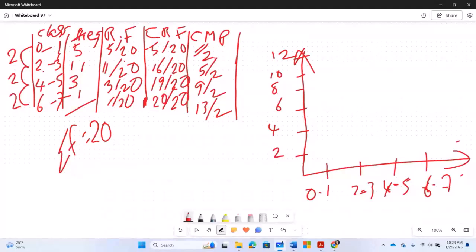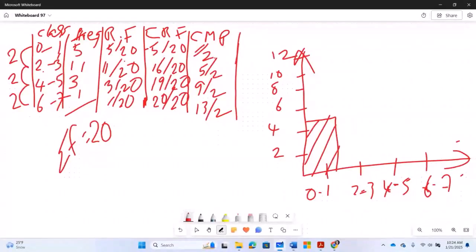Okay, now I want to draw the bars. The frequency of the first class is 5. So that is the estimate, and that is the bar for the first class. For the second class, 2 to 3, the frequency is 11.